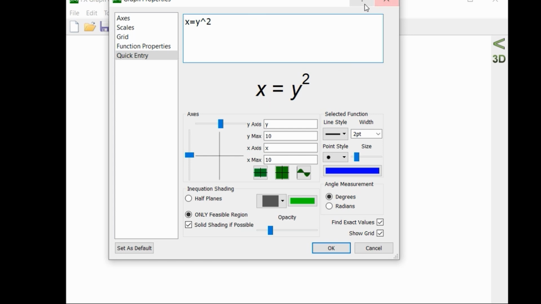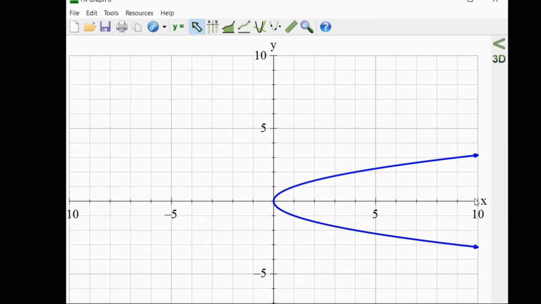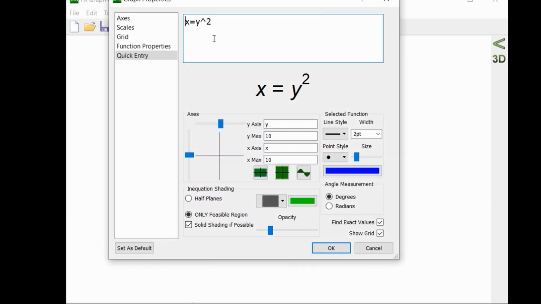So the shape of the graph is symmetrical about the axis that's used for the answer. So if we change that again back to y equals x squared, the horseshoe shape would be symmetric about the y-axis.